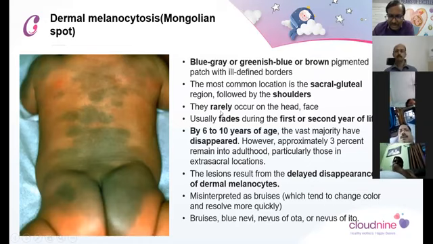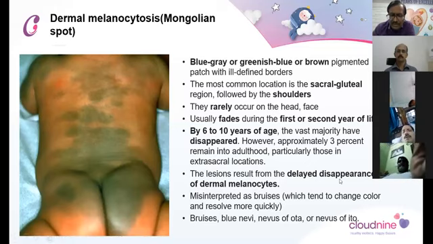It is rarely seen on the head and face. Usually it disappears in the first or second year of life. Just remember, 3% will be there even in adult life. The majority will disappear. And this is because of delayed disappearance of dermal melanocytes.